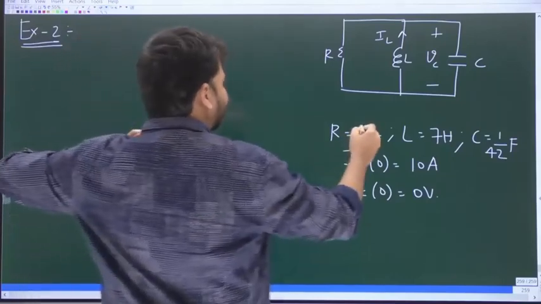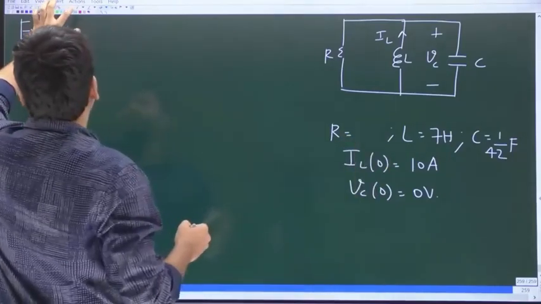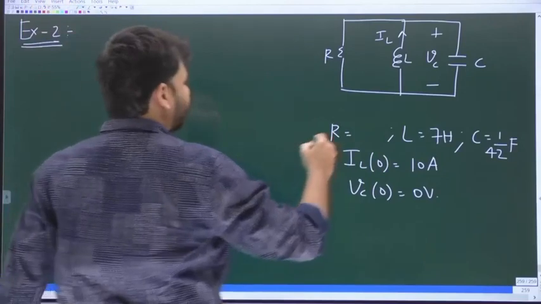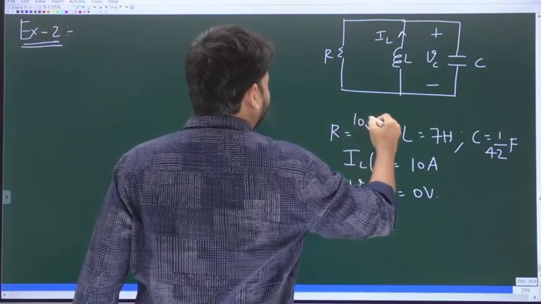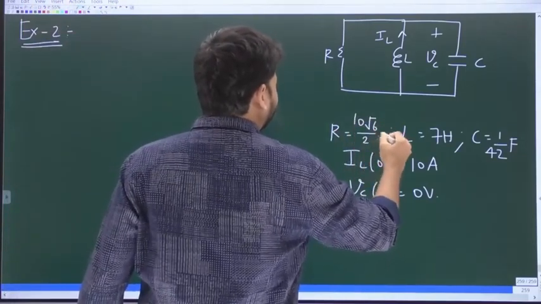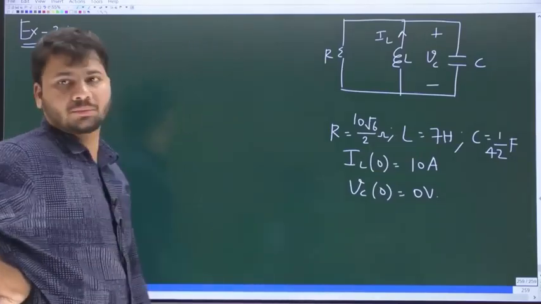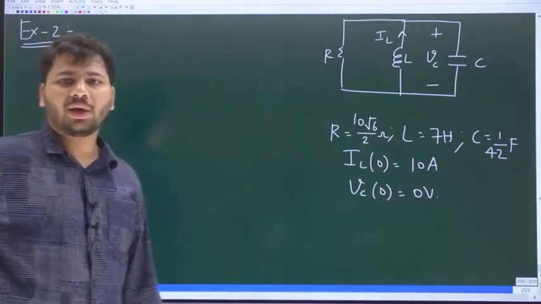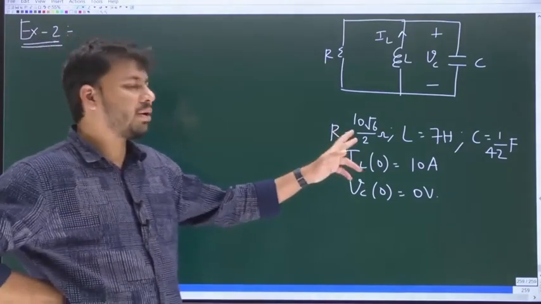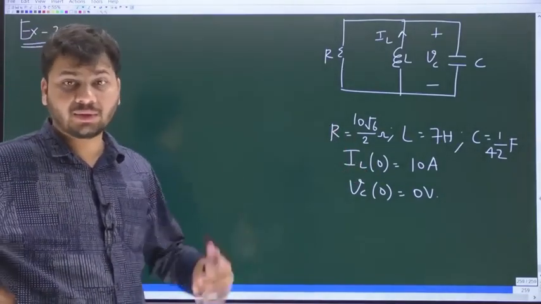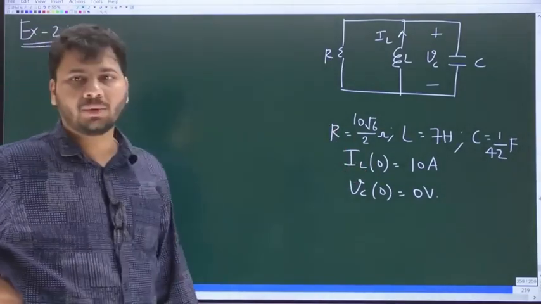What is the new value of the resistance? Now it is 10 root 6 by 2 ohms. Everything else is the same. So now the value of resistance is changed to 10 root 6 by 2 ohms.